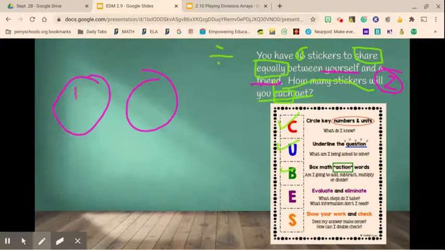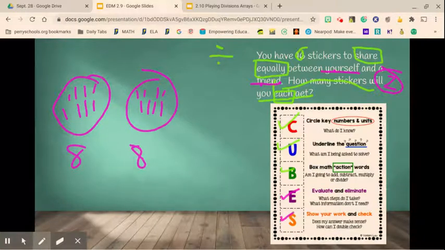So I'm going to say 1, 2, 3, 4, 5, 6, 7, 8, 9, 10, 11, 12, 13, 14, 15, 16. And when I go through and I look at it, I can see that there are 8 in my section, and then 8 in what I would give to my friend. So I've evaluated it. My answer is 8.